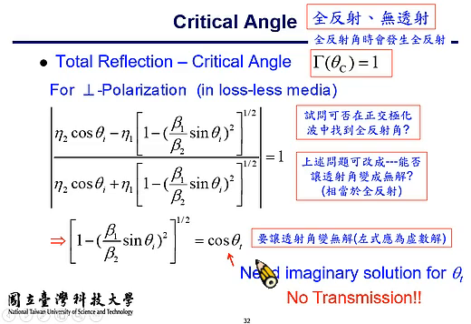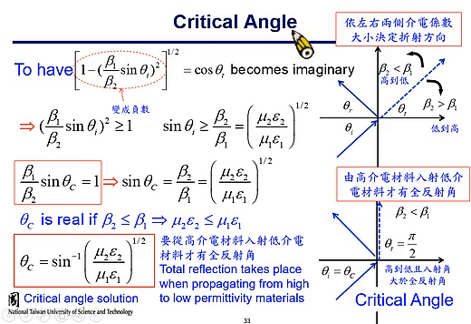If the solution for theta t is an imaginary number, then you don't have a real solution for theta t, and then you have no transmission. So we make the transmission angle have no solution, meaning cosine theta t falls outside the range of plus or minus 1, or cosine theta t is an imaginary number. Providing that cosine theta t is an imaginary number, you don't have transmission.